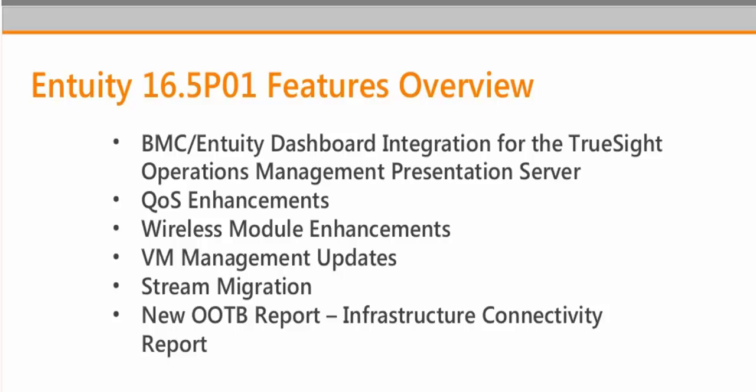So you'll see a whole list of access points for each controller, and as of patch 1 in 16.5, that user interface will also show you the state of each of those associations. So which ones of your access points are actually currently associated and which ones have recently become disassociated.